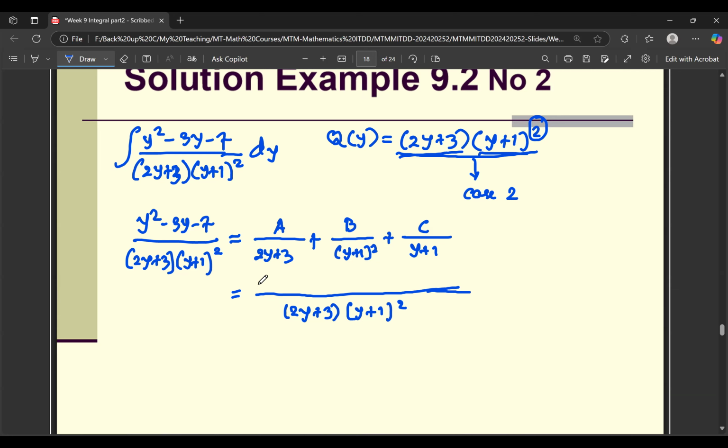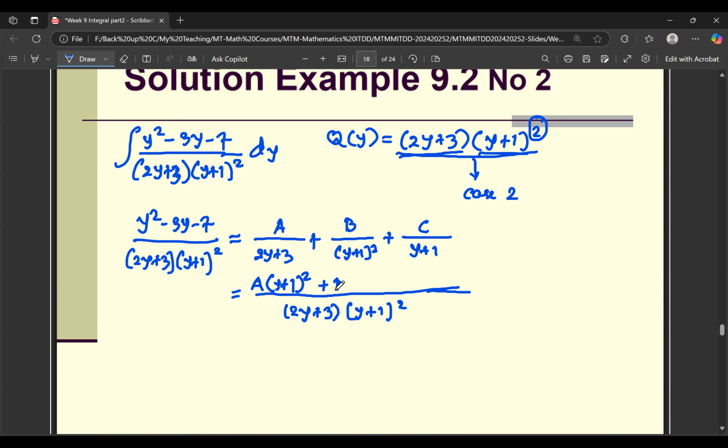Let's get the multiplication of the coefficient in the numerator. A must be multiplied by y plus 1 squared, because the idea is we can cancel out y plus 1 squared and have the previous component.